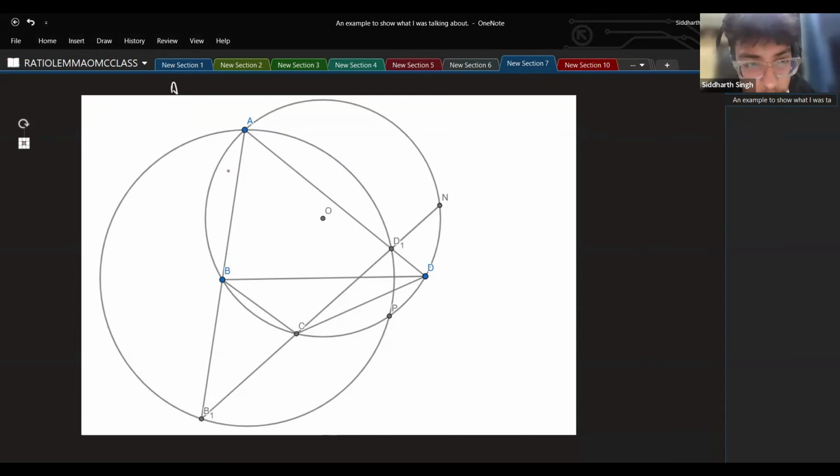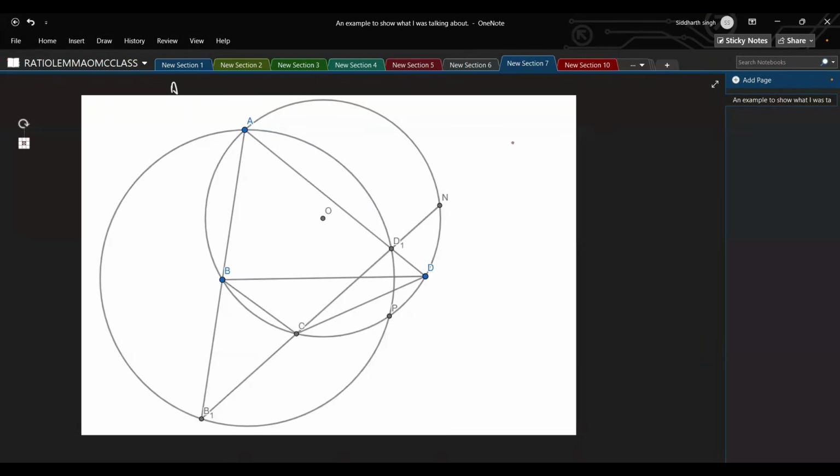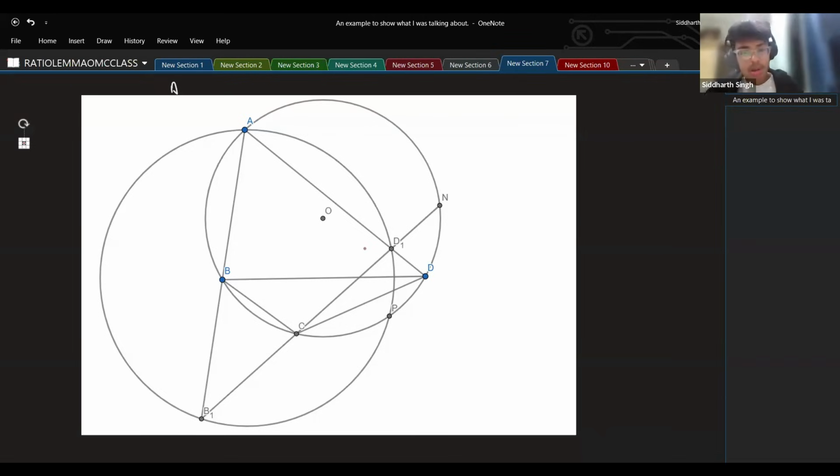Yep. So we have ratio stuff. Then by the ratio lemma in triangle ACD, we get sine of CAB upon sine of BAD is equal to sine BCA upon sine BDA. Sure.